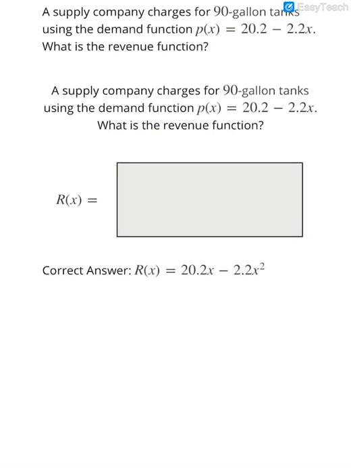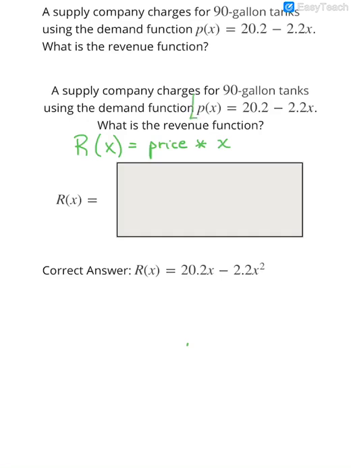Now we have a supply company that charges for 90-gallon tanks, and they use the demand function P of X equals 20.2 minus 2.2 times X. They want to know what your revenue function is. Anytime you are trying to write a revenue function, you take the price of whatever you are dealing with times your quantity, and they're letting x be the quantity in this case.